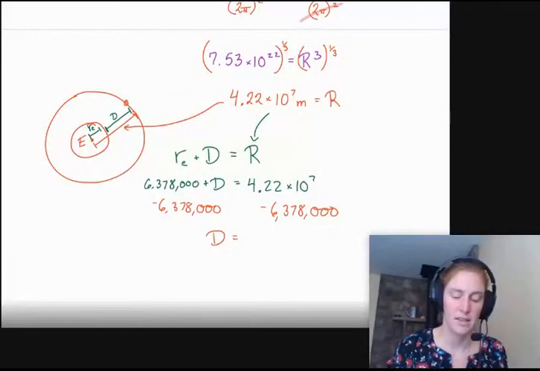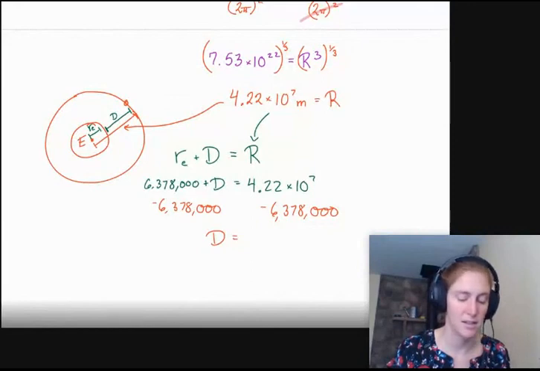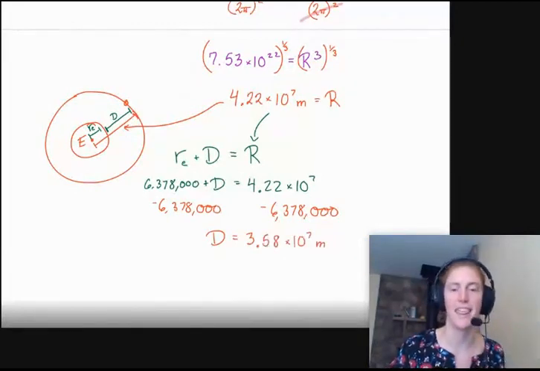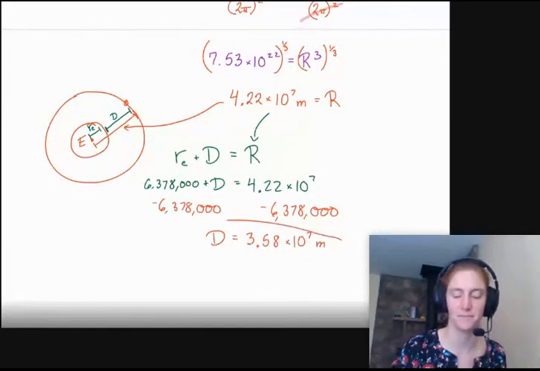So I subtract the 6,378,000 from both sides, and I get a distance above the surface of the Earth of 3.58 times 10 to the 7 meters. And that is our answer.